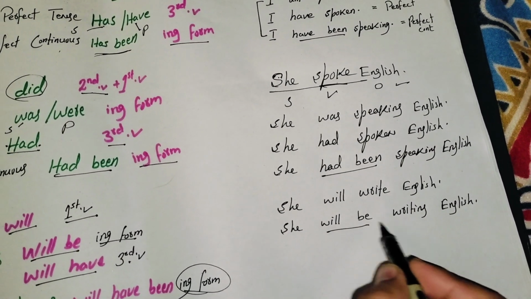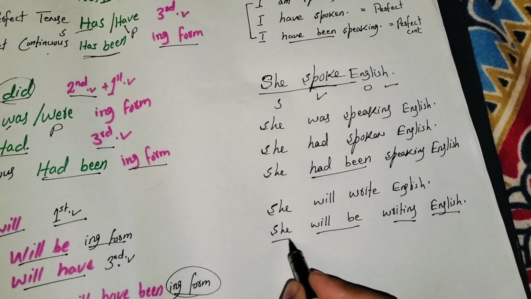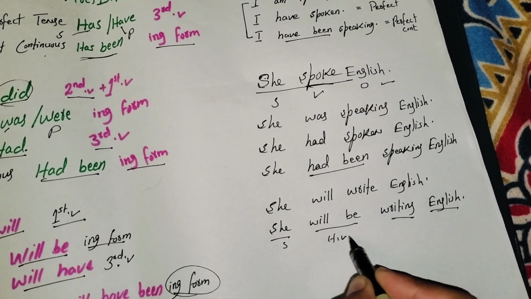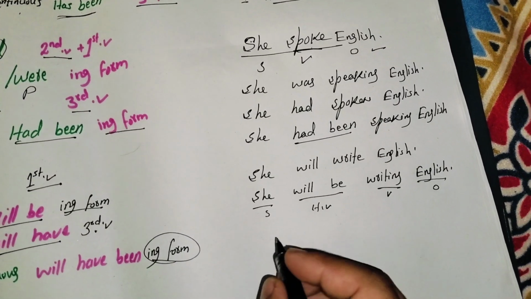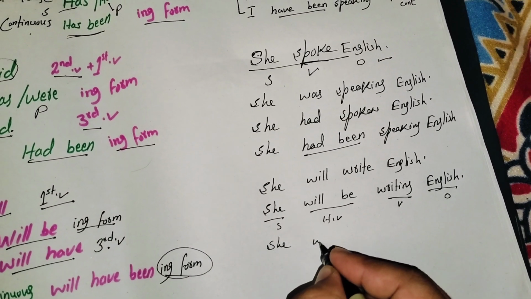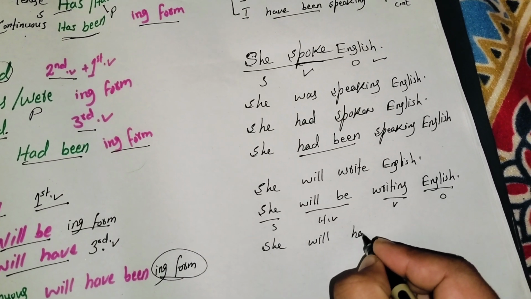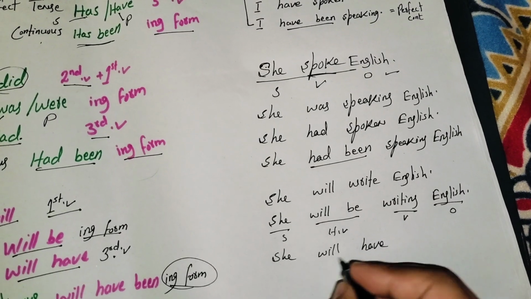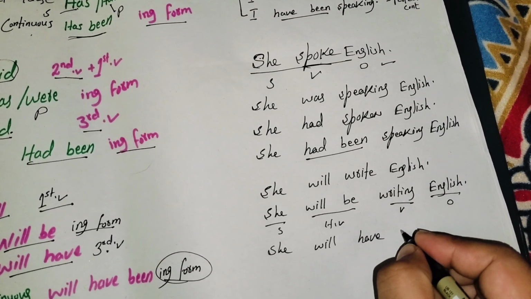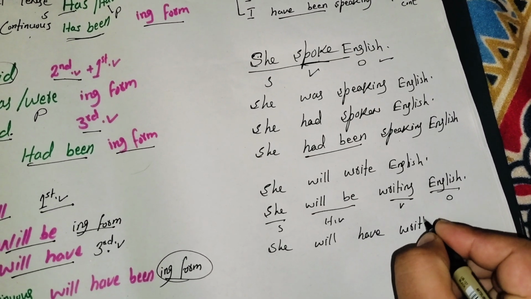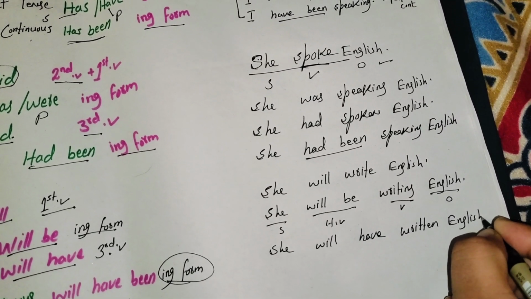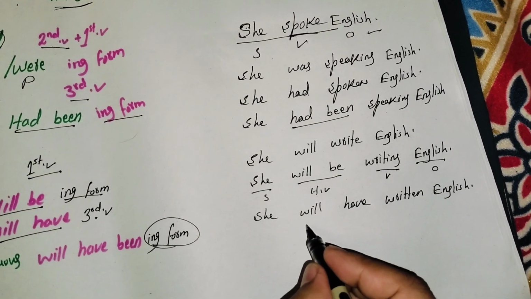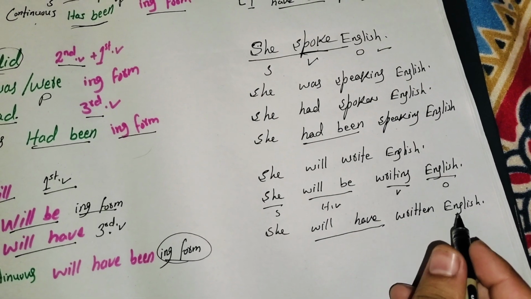This is helping verb, this is verb, this is object, and this is subject. As you can see there. Now perfect we're going to make. She will have written English. As you can see there, this is helping verb and object.